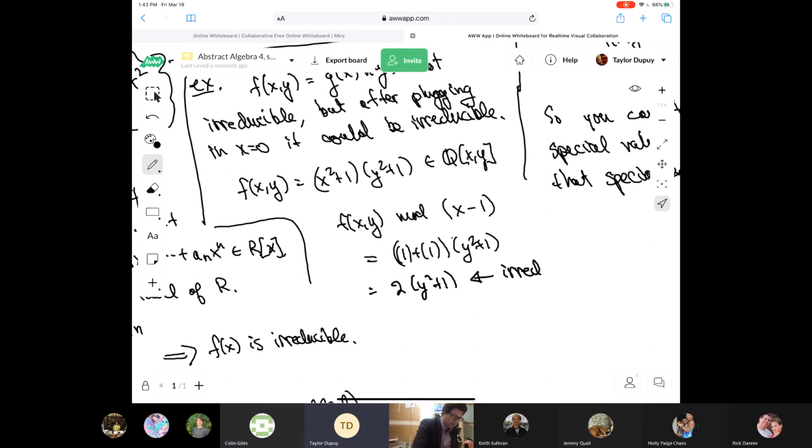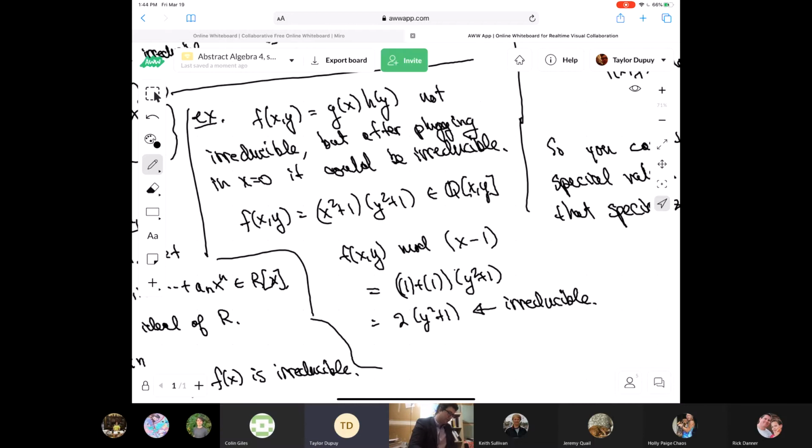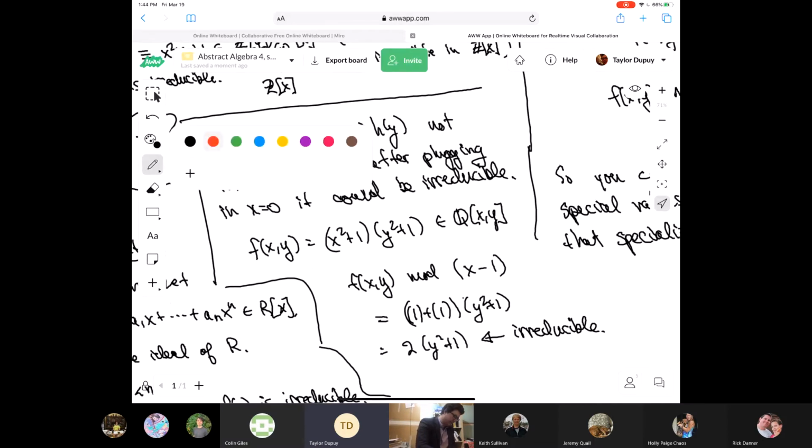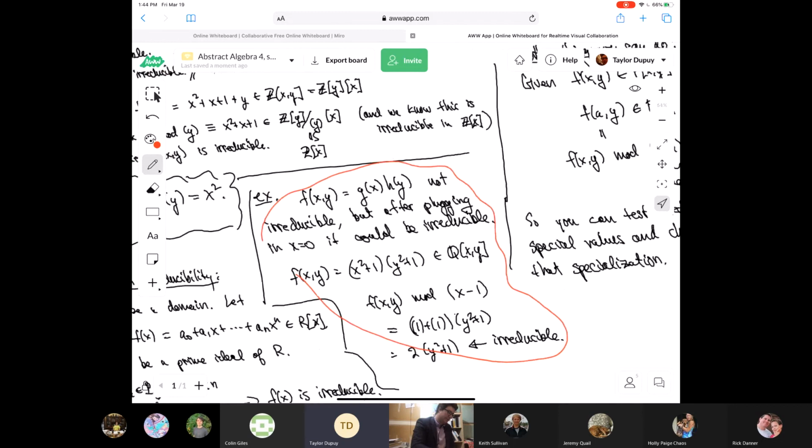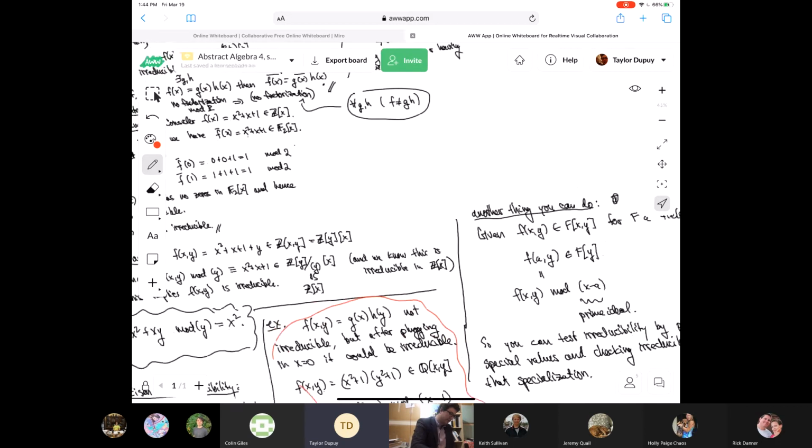So what happened here? What's the issue with this example? Now I remember the condition.